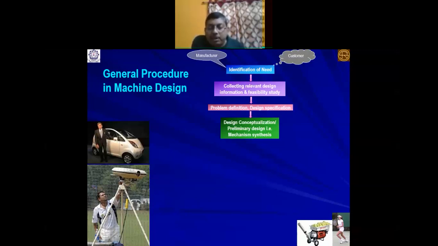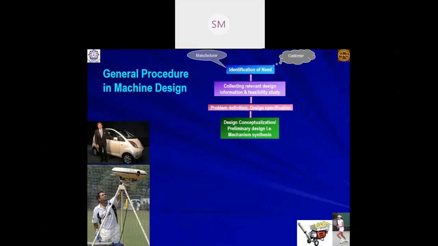For example, because you have learned many mechanisms in your class, the four-bar linkages, the quick return mechanism, the slider-crank mechanism, the pantograph mechanism that you have learned in your theory of machines class. Can you use any of these mechanisms by which you can throw the ball or hit the ball? It may not be used commercially, but you can think of it. It is a conceptual stage.